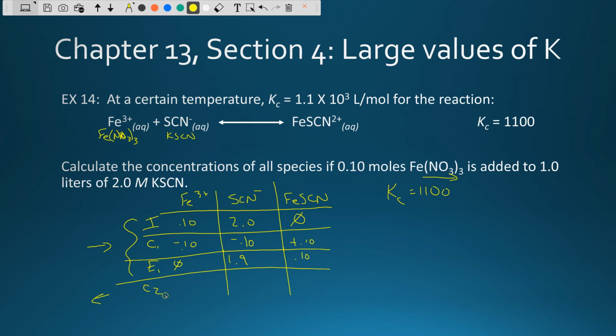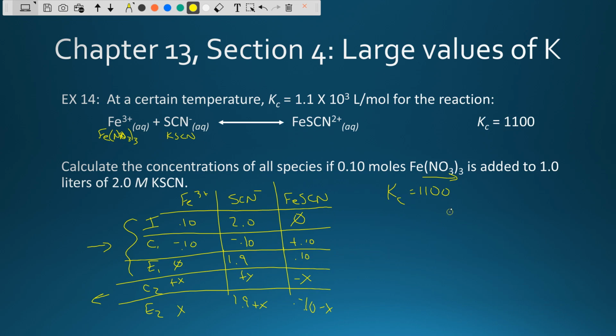And so my second change is going to be coming off a certain amount. We're going to be gaining one of those, and we're going to be gaining one of these. Okay, it's a 1-to-1-to-1 reaction. And so at the second equilibrium, now let's bounce back. You'll notice that I'll have an x here, I'll have 1.9 plus x here, and 0.10 minus x on this side.